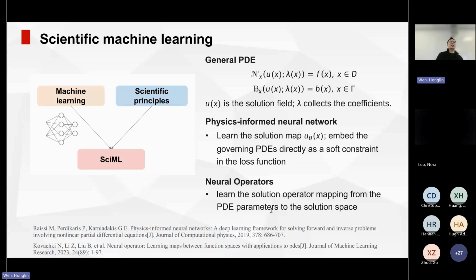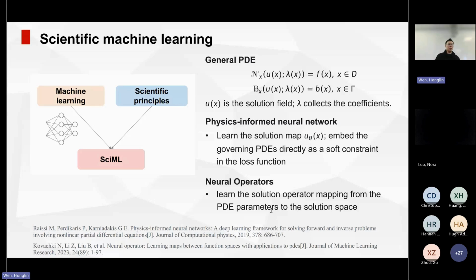Sometimes we call it domain knowledge, or a physical prior. If you analyze this problem in the Bayesian view, using a prior, we can constrain the hypothesis class, and then it's easier to train the model. So the idea is to combine the scientific principles, I mean the physical principles, and the machine learning methods. That is what we call scientific machine learning.